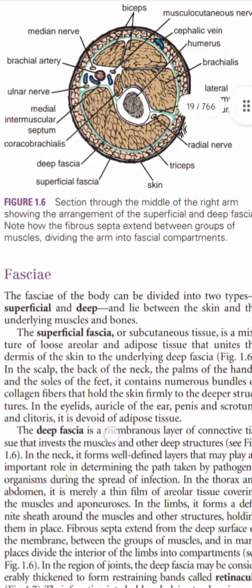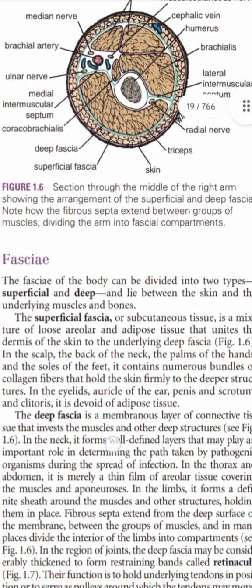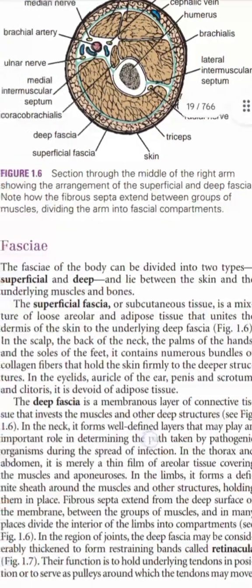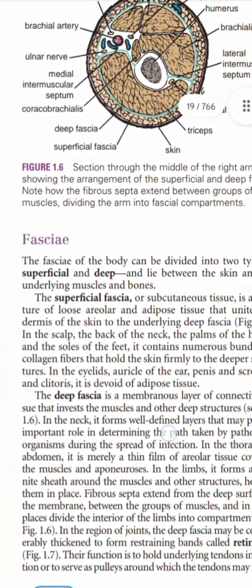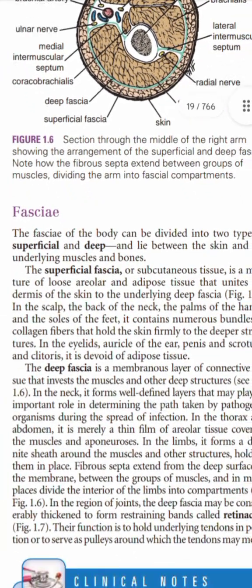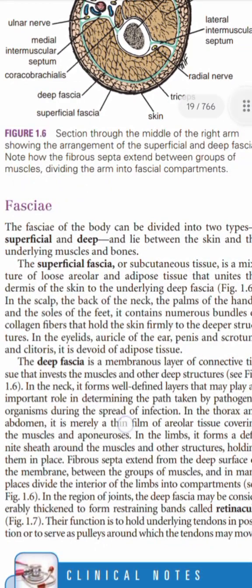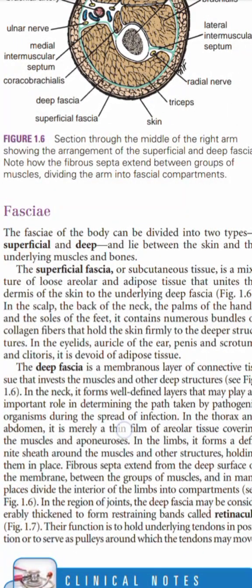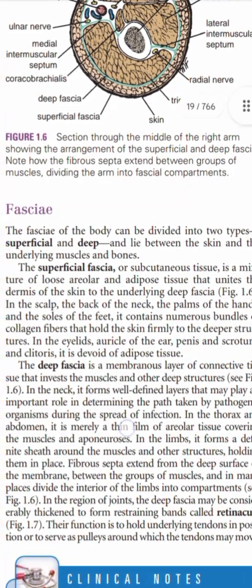In the eyelids, auricle of the ear, penis, scrotum, and clitoris, it is devoid of adipose tissue. The deep fascia is a membranous layer of connective tissue that invests the muscle and other deep structures.